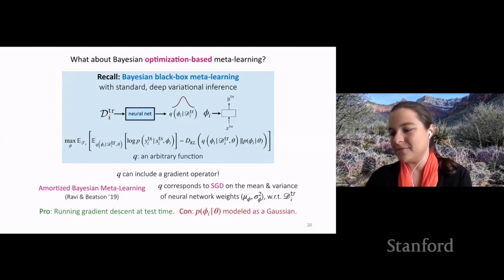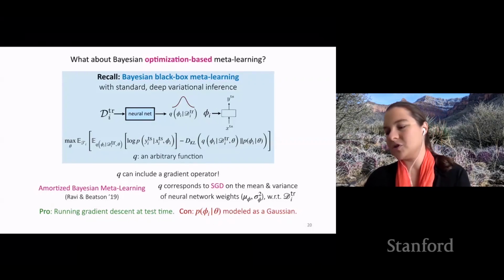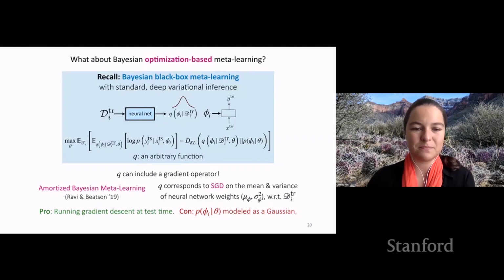Again, here, phi given theta is going to be modeled as Gaussian, which may have its downsides. Okay, so this is the first way that we could introduce a Bayesian optimization-based metalearning algorithm.